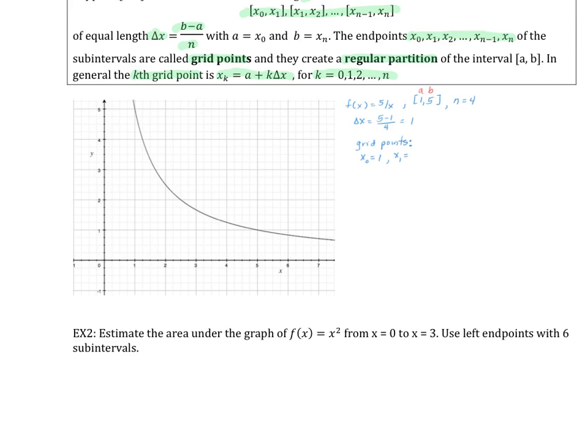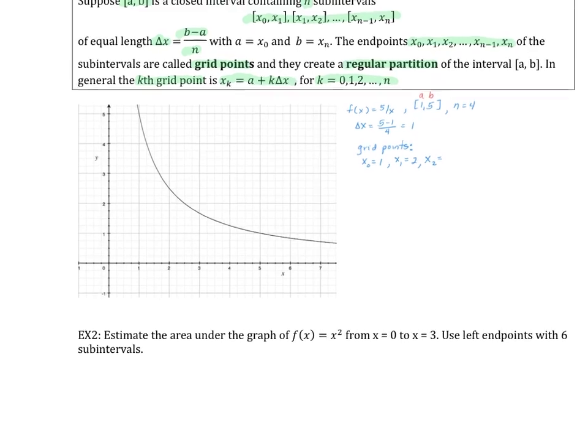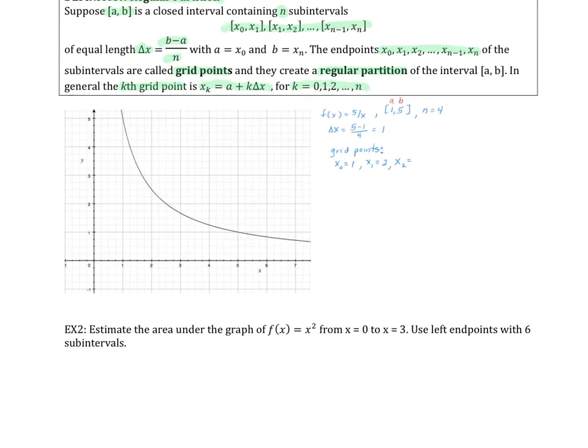So my next grid point is going to be 2. So x sub 2, the way we get it is we take our previous x sub 1 and we add in our delta x, which was 1. So 2 plus 1 would be 3. x sub 3 is going to be 3 plus our delta x, which is 1. So that gives me 4. And then my x sub 4 is going to be 4 plus 1, which is 5.